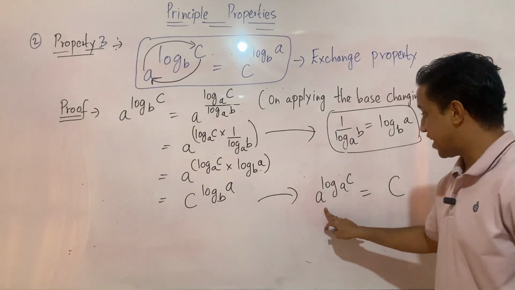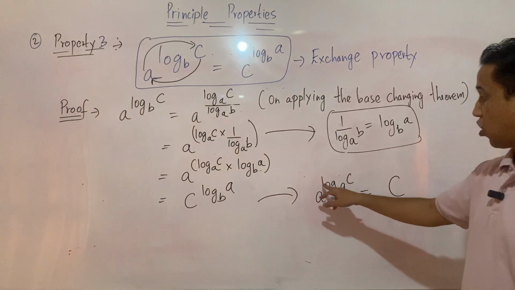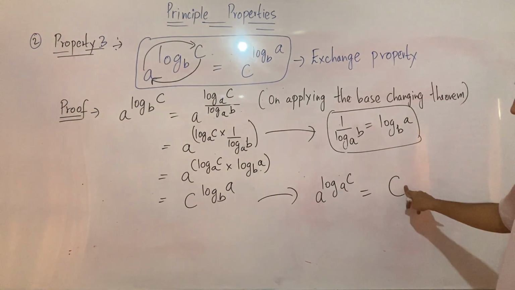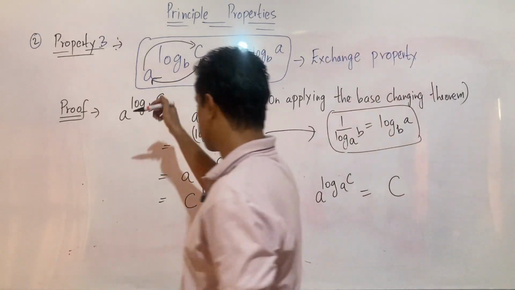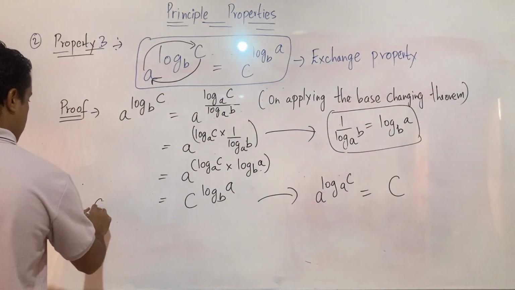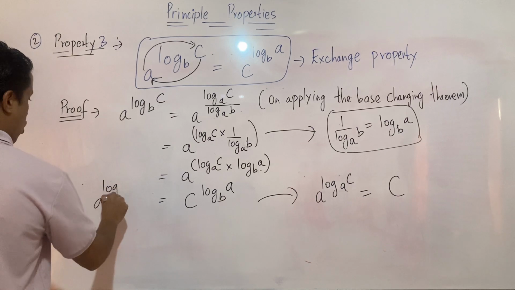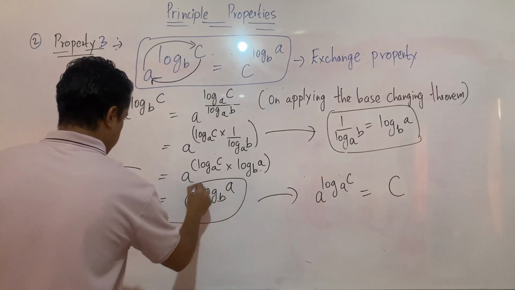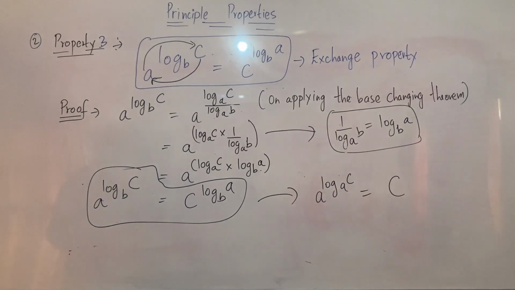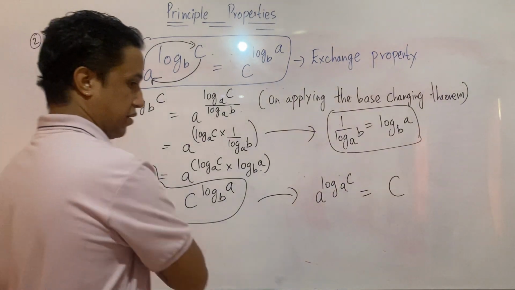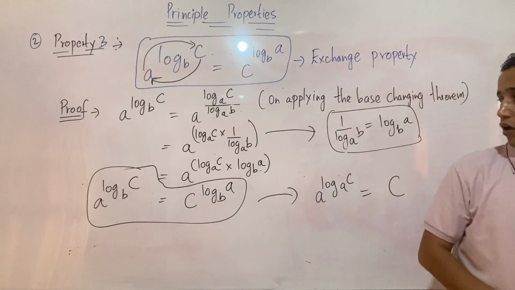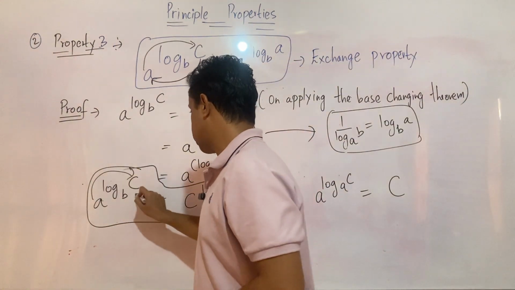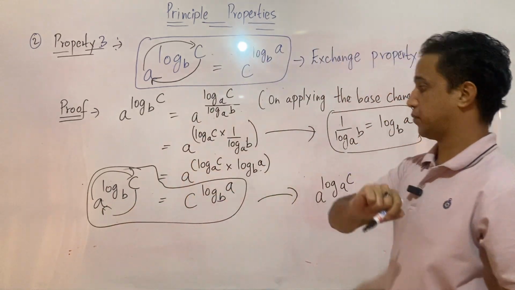It says that a raised to the exponent log b to the base a is equal to b. So it will take the value of c. That's why a raised to the exponent log c to the base b is equal to this. This is a very important rule. Just make sure that it stays in your head for long.